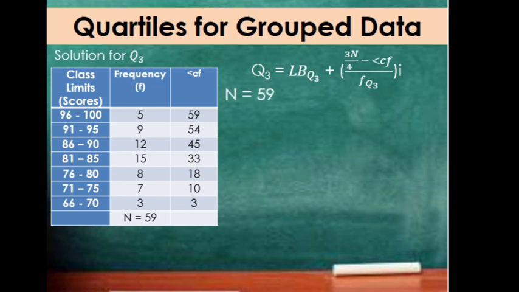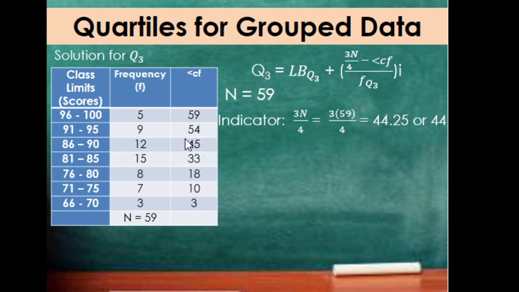Okay, again, yung n is equal to 59. Yung indicator natin, siya ay magiging 3n over 4. Bakit 3? Kasi nga po, ang kukunin natin is yung third quartile or Q3. So, 3 times n over 4, 3 times 59 over 4 is equal to 44.25 or 44. Okay. Ngayon, titingnan ulit natin kung saan papatak yung 44.